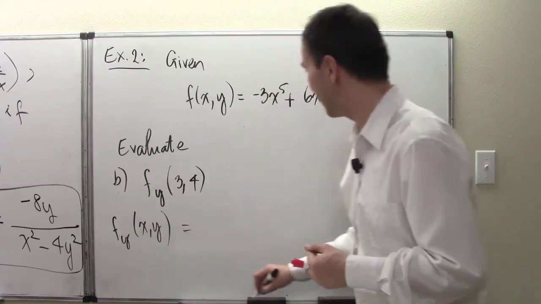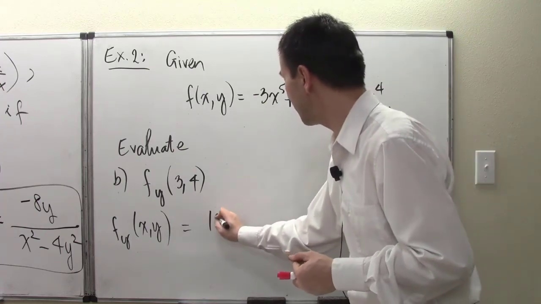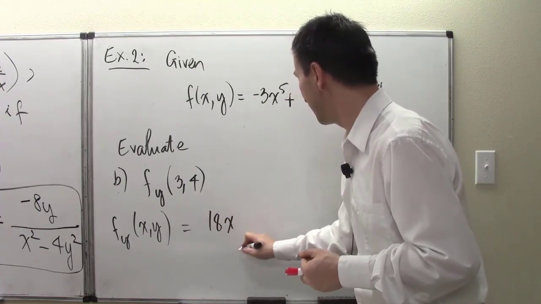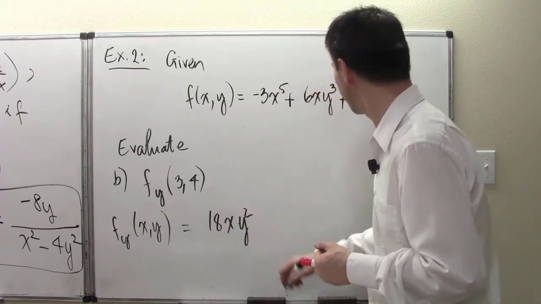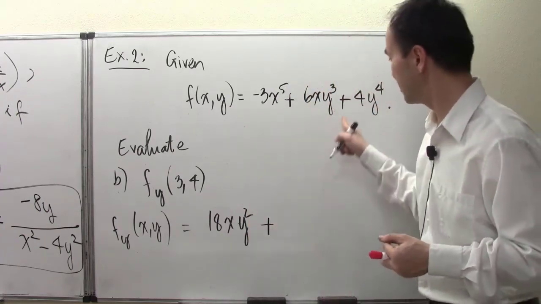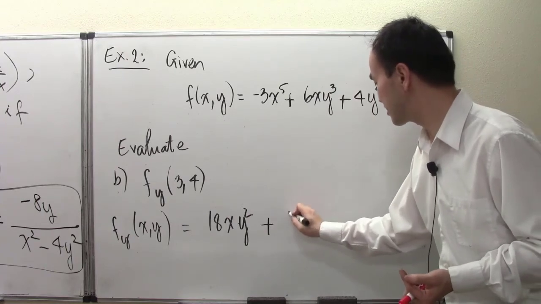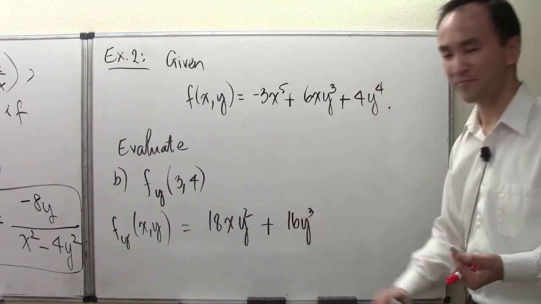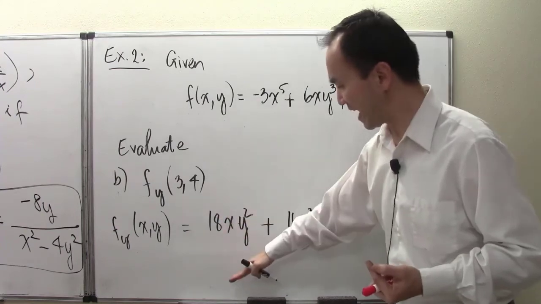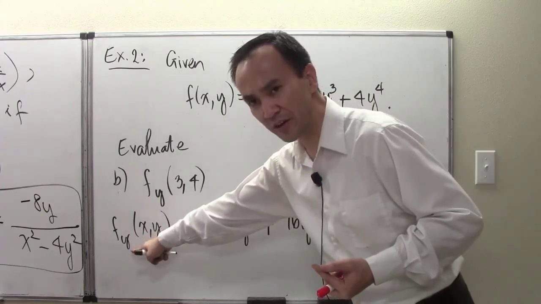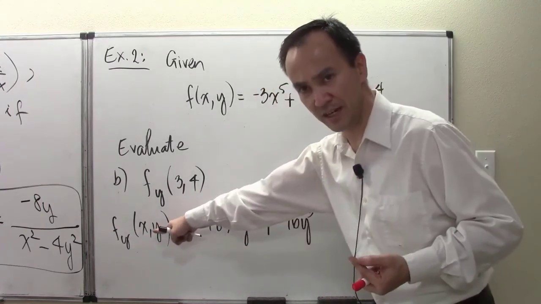So now it gives me 18xy squared, plus, and the next term is taking the derivative in terms of y. Here we're looking at 16y cubed. Once we have this partial derivative in respect to y, clearly it's a function of two variables.